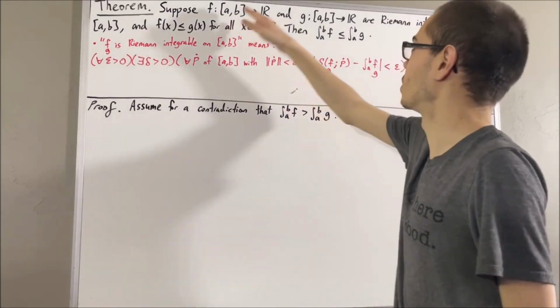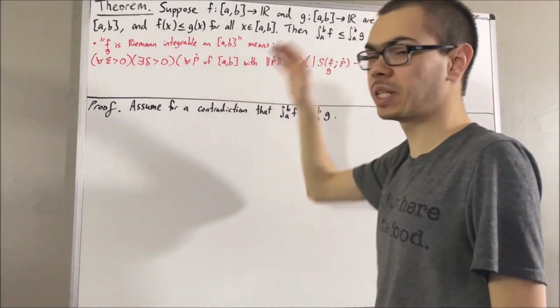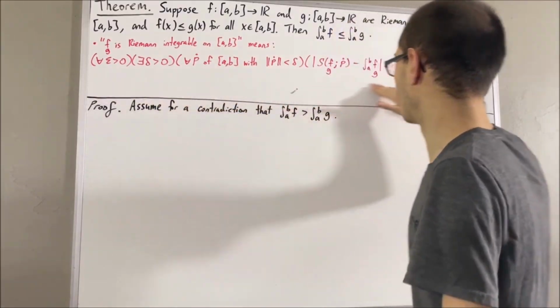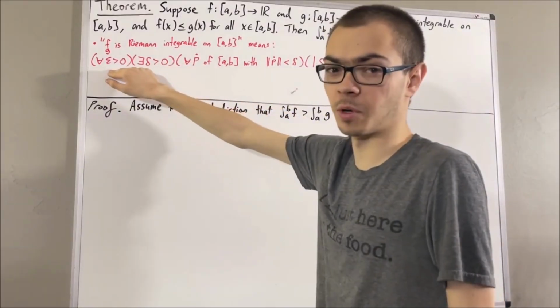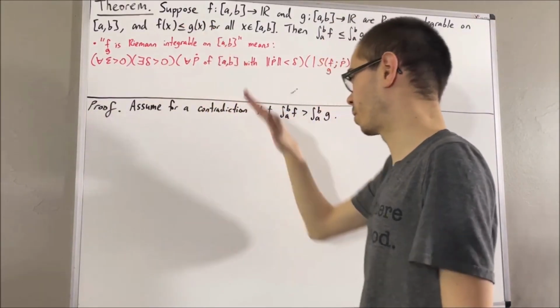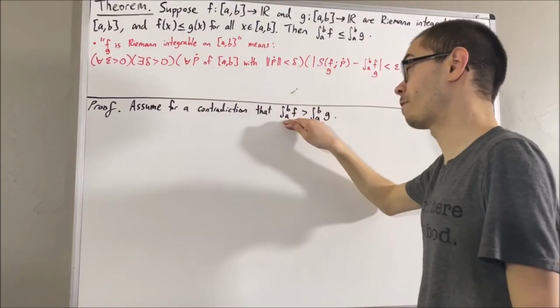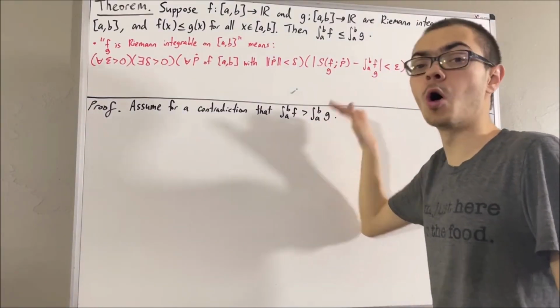Now, since f is Riemann integrable on [a, b], this means that this statement is true. And this statement works for every positive real number. So in particular, it must work for the positive real number (integral of f minus integral of g) over 2.